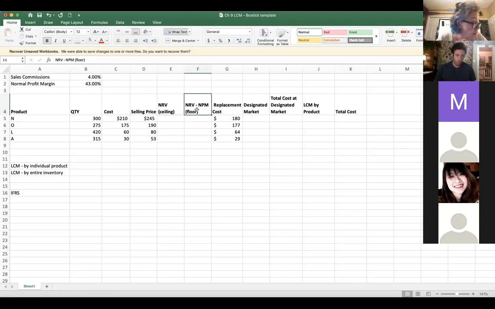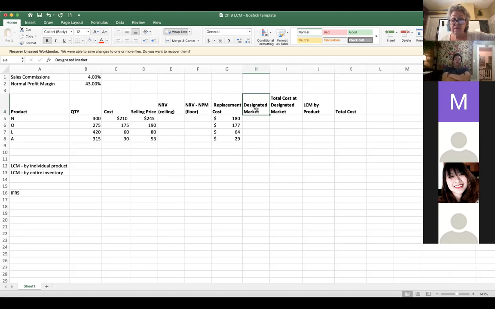Then we also have to calculate the floor, and you can see this on page 465, in the calculations in the bottom half of the illustration. The ceiling and the floor mean that my market in the LCM, the M that I call designated market, will be at most NRV.